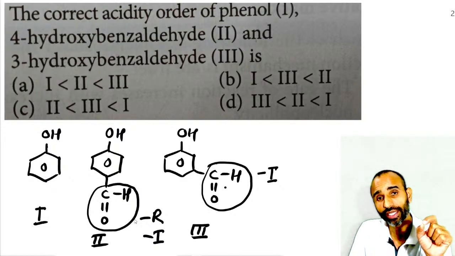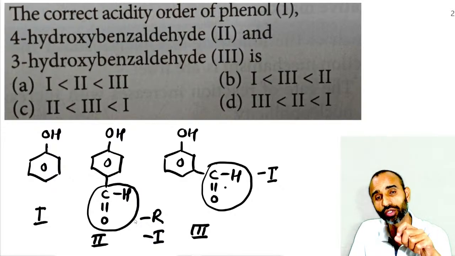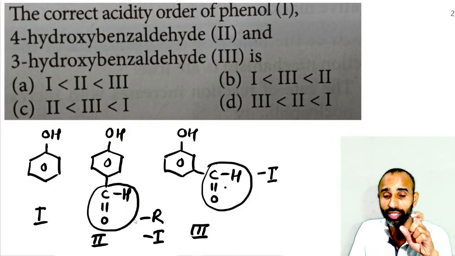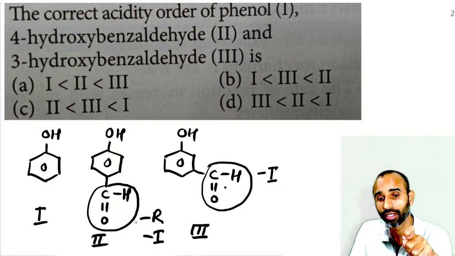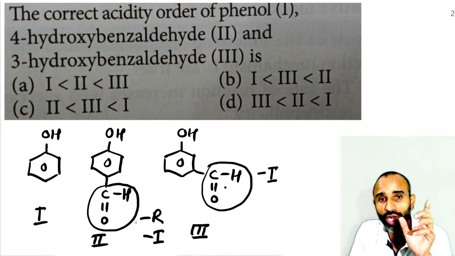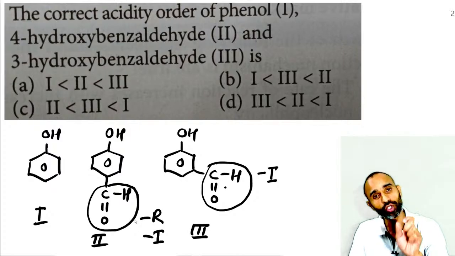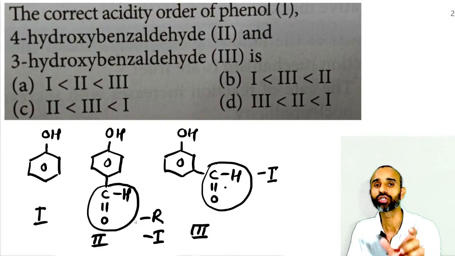In second case, it is electron withdrawing due to minus R effect as well as minus I effect. But in third case, it is electron withdrawing due to minus I effect only, because resonance takes place at ortho and para positions only.